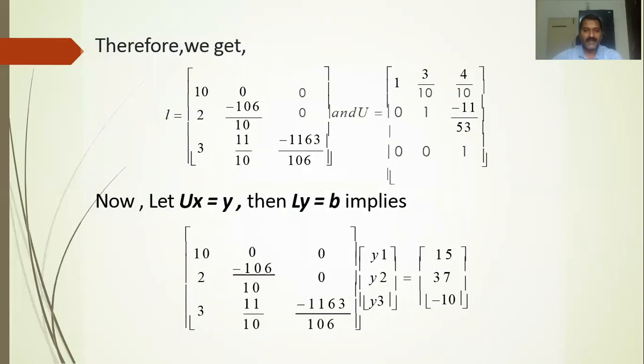What I want to say here is, take this L, plug in here, plug in that B. By forward substitution, that will give you Y1. The second row will give you Y2 when you substitute this Y1. The third row will give you Y3. Take that Y1, Y2, Y3. Then we know that UX equal to Y. So I've taken that U, plug in that U here, plug in X, which is X1, X2, X3, and the Y we found in the last step.